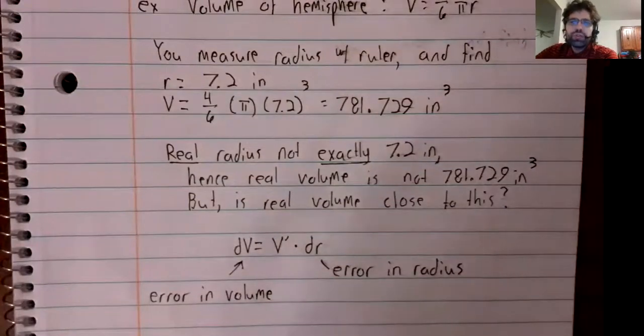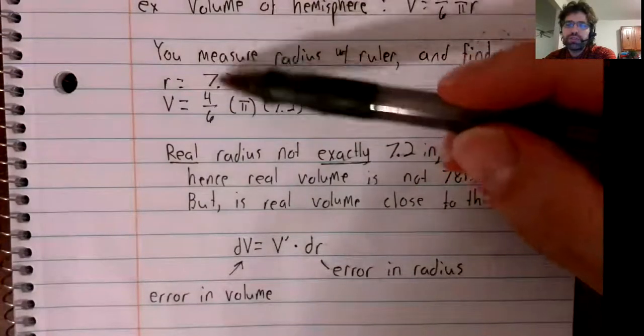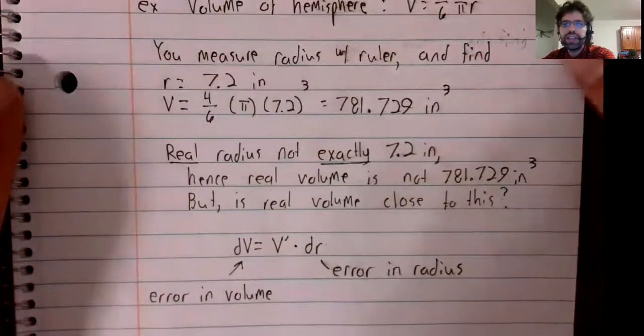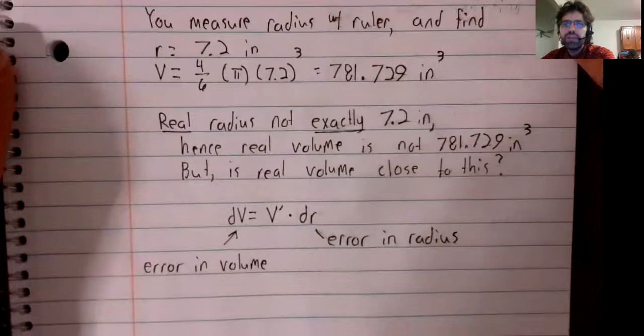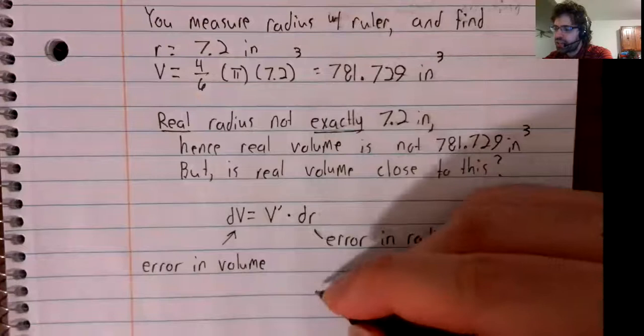Well, of course, you don't know your measuring error. If you knew exactly what your measuring error was, you could add or subtract it from this to get the real radius. But frequently, we have a good idea of what kind of measuring error we're looking at.